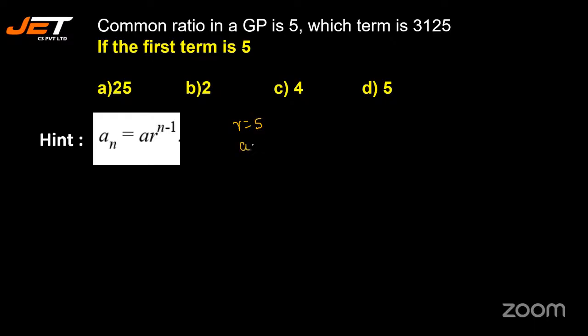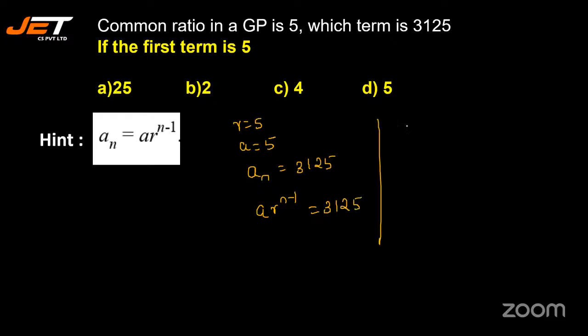The first term is 5. Okay, which term is 3125, which means an is equal to 3125. Okay, so here, what is the formula? a r to the power n minus 1 is 3125.